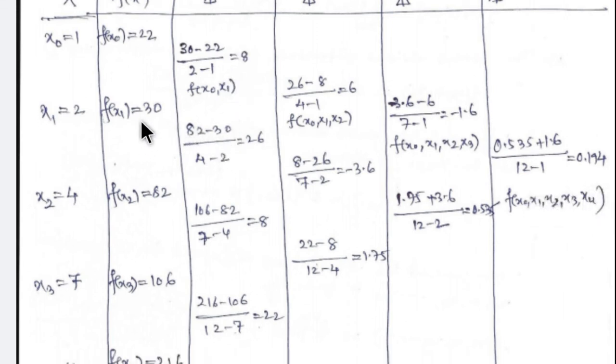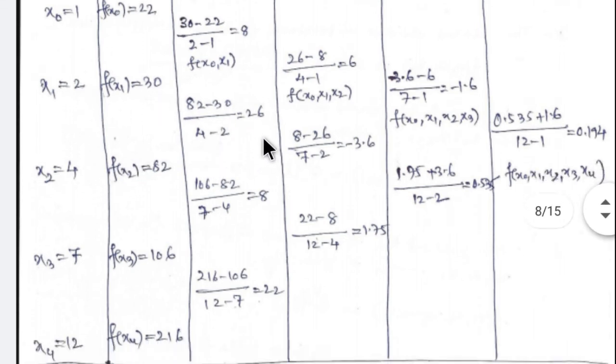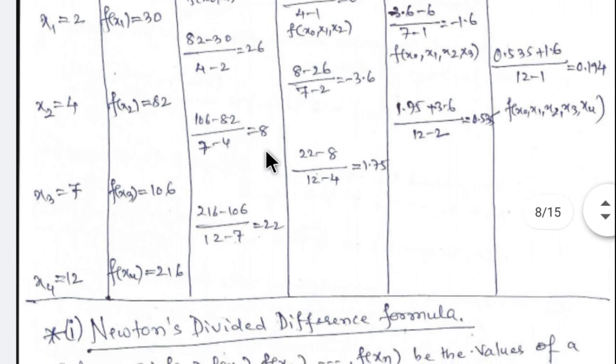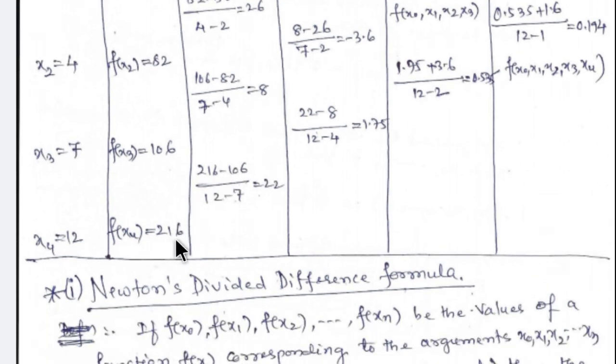Similarly, next, 82 minus 30 divided by 4 minus 2 gives 26. Next, 106 minus 82 divided by 7 minus 4 equals 8. Similarly, 216 minus 106, f of x4 minus f of x3, divided by x4 minus x3, 12 minus 7, gives 22.